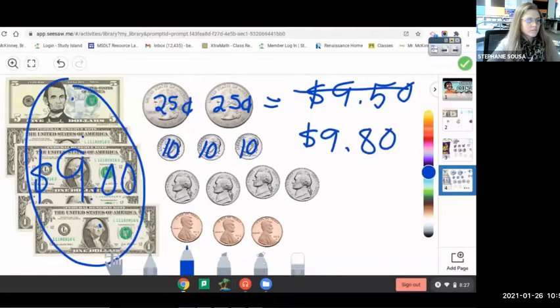We count by fives. $9.80, $9.85, $9.90, $9.95. Then after 95 would be your full dollar. Because from 95 cents, you get to 100 cents. So after $9.95, your next number would be $10.